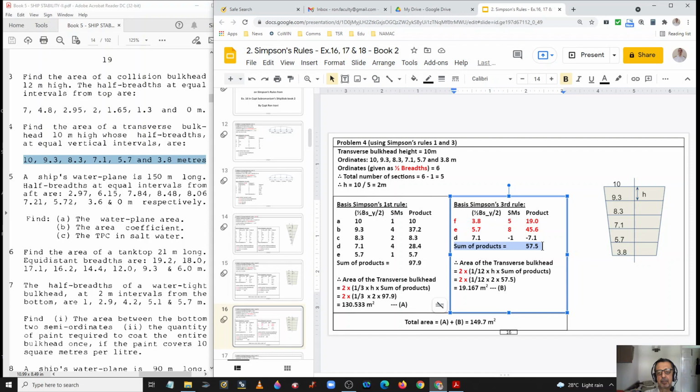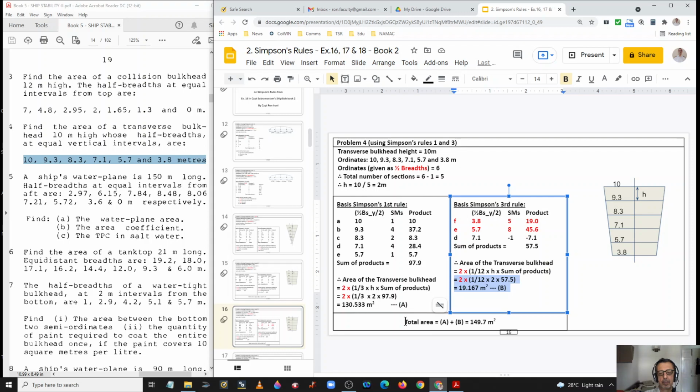So the area between F and E, when we work it out using Simpson's third rule, is 2 times 1 upon 12 into h into the sum of products. We substitute the value of h and sum of the products, and we get the area between F and E is equal to 19.167 square meters.